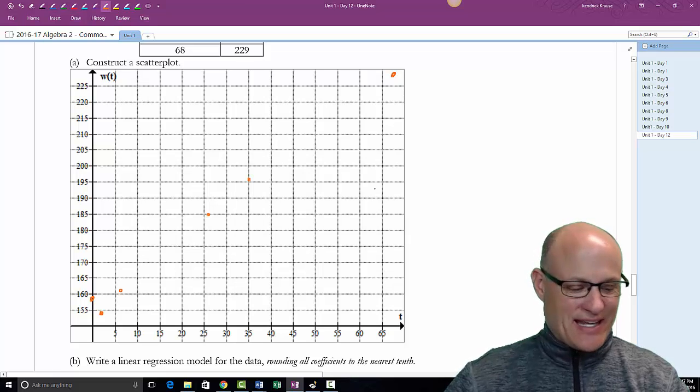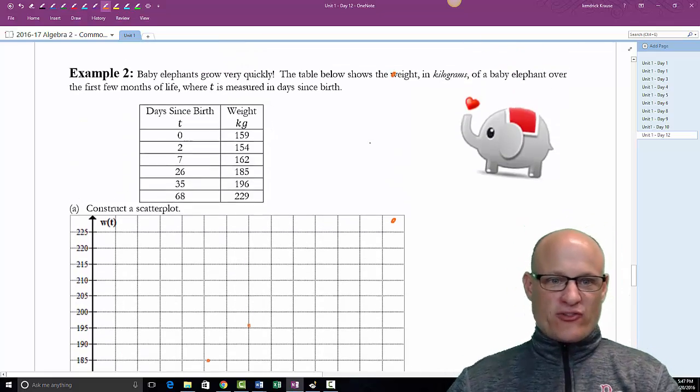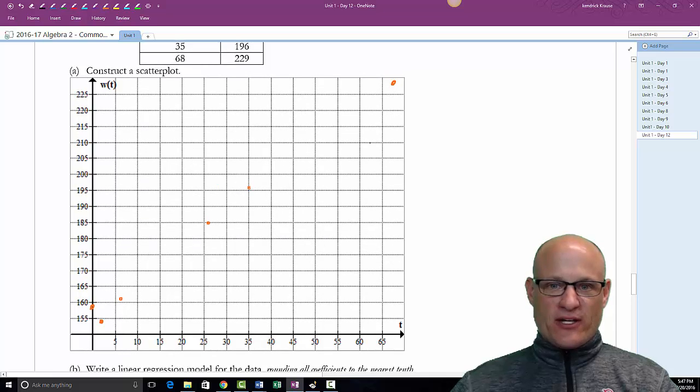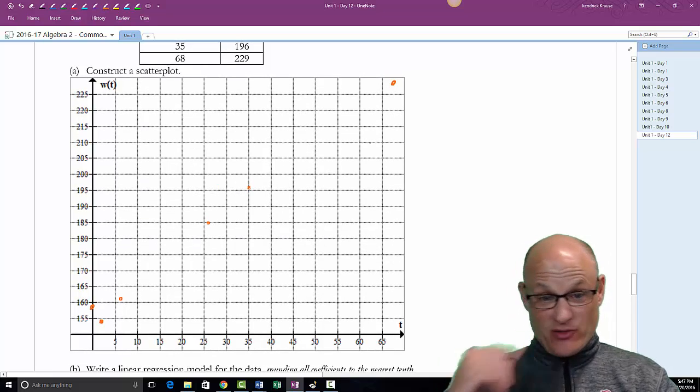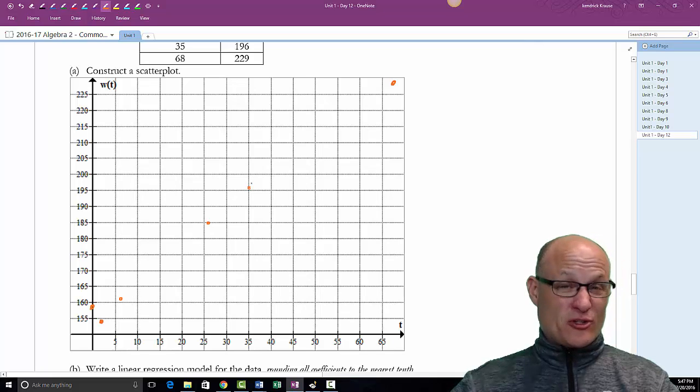So clearly this has a positive slope. That is a scatter plot. I just drew a scatter plot of the data. And clearly if I was to draw the line of best fit, it would have a positive slope. And it almost makes a straight line. So I'm thinking my correlation coefficient is probably going to be pretty strong.